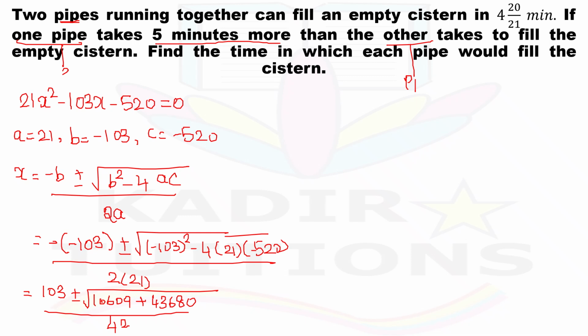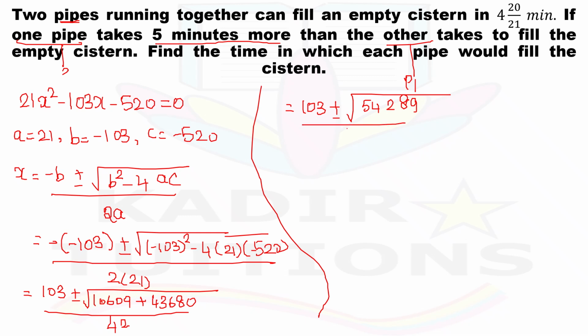Yeah, so now again we can continue. Over here it is 103 plus or minus. So if you add both the terms in the square root, we will be getting the answer as 54289, and divided by 42.